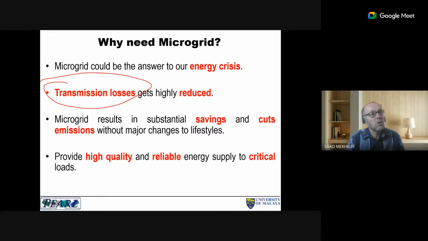As I said before, transmission losses account for almost 18%, and don't take that lightly, it's dollars and cents. 18% of 1 kilowatt is almost 200 watts. 20% of 1 megawatt is 200 kilowatts. 20% of 1 gigawatt, and you can account the amount of losses in the transmission lines, and then the cost and the maintenance.